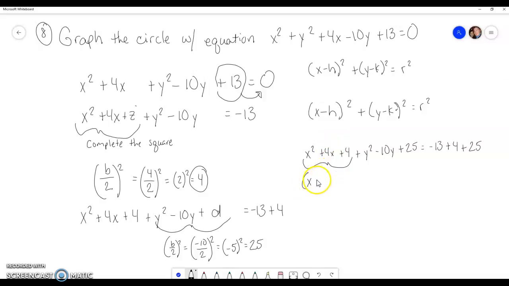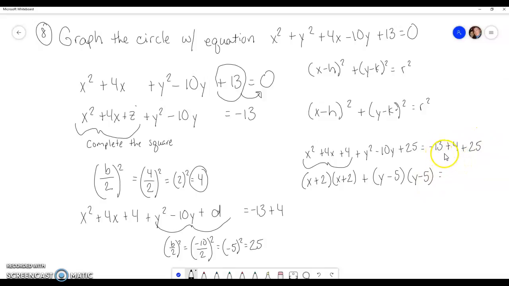So I would have x plus 2 times x plus 2. Here we want numbers that will multiply to positive 25 but add to negative 10. So here I'm going to have y minus 5 times y minus 5. And then I'm going to simplify over here.